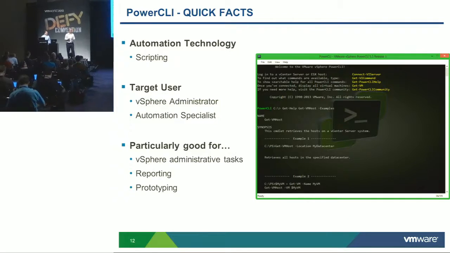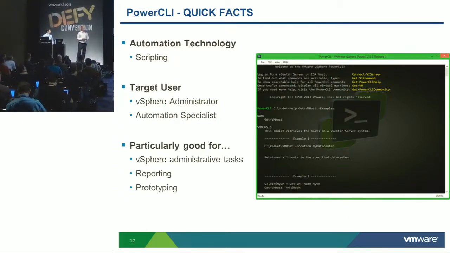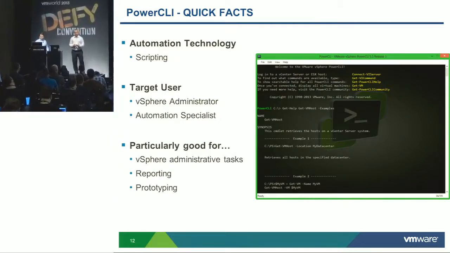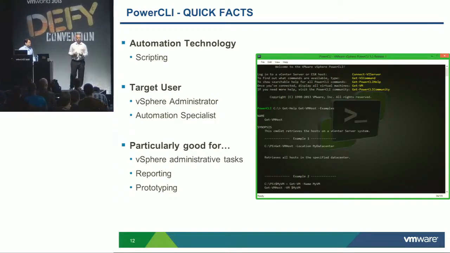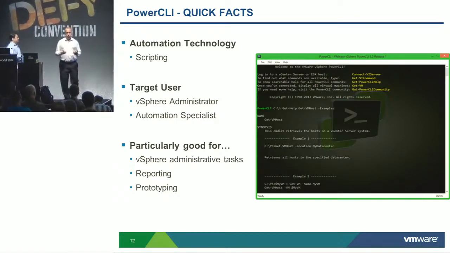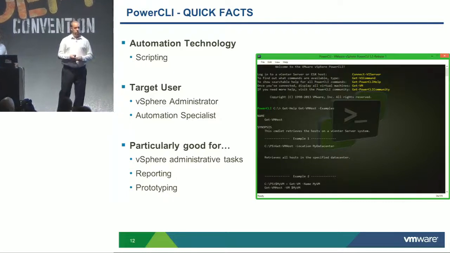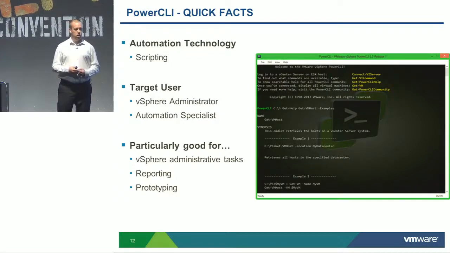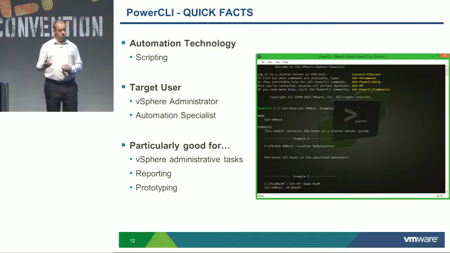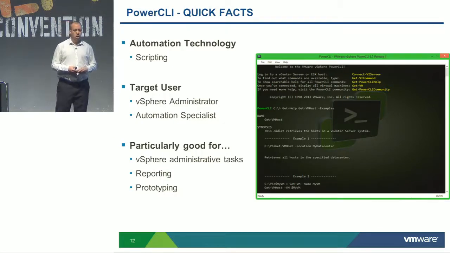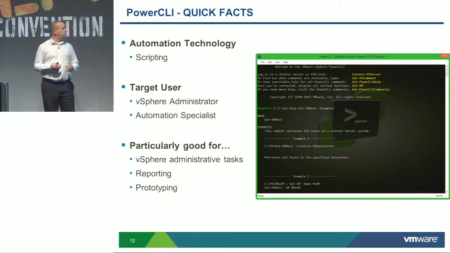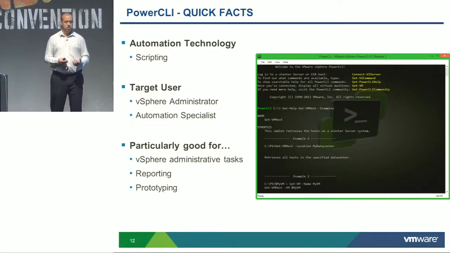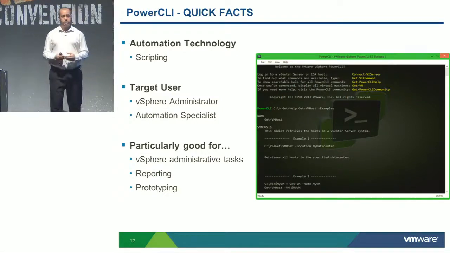So as you'll know, this is script-based automation. It's being able to run a command line, run something that does things on multiple objects. So get me a list of virtual machines and create a snapshot. Get me a list of virtual machines, export these to an Excel spreadsheet. And it's great for doing those quick remediation tasks, the kind of stuff you need to do right now and get it done.